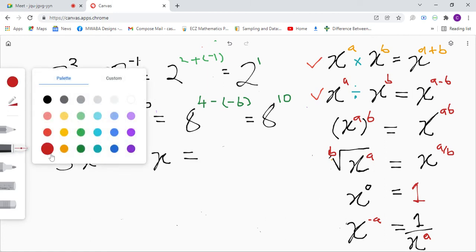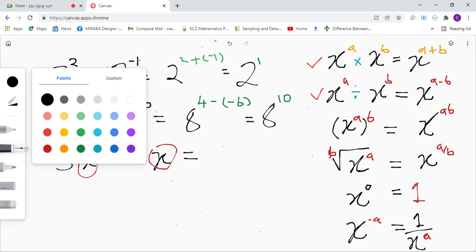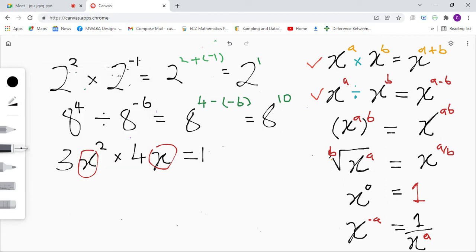As you can see in this operation, we have similar bases, x and x. These are our bases. We're going to multiply the numbers separately, so 3 times 4 is 12.